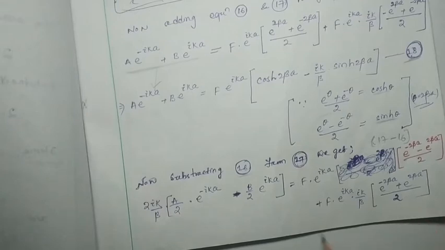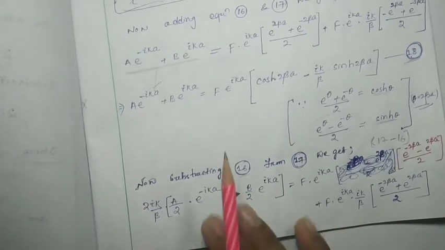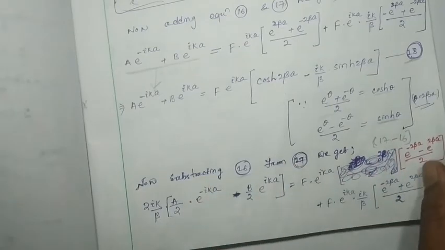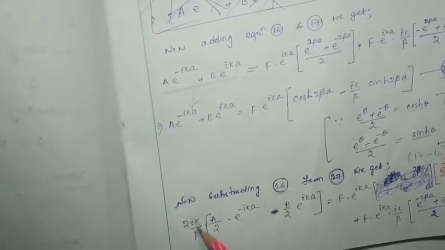Okay, here in these two terms 2 and 2 are divided, so the 2 got cancelled. The left hand side will be ik by beta and this one.